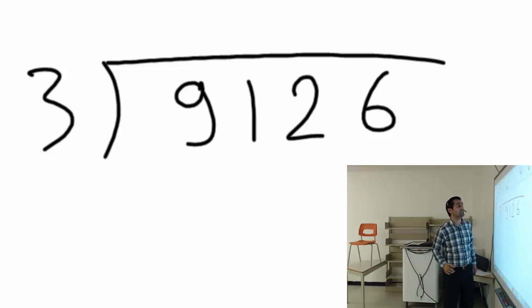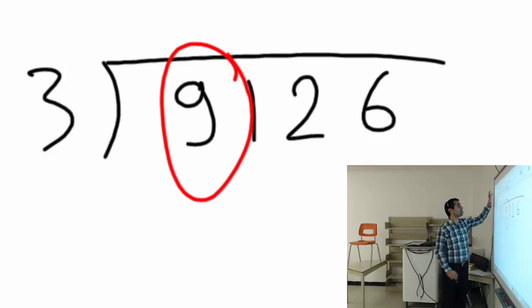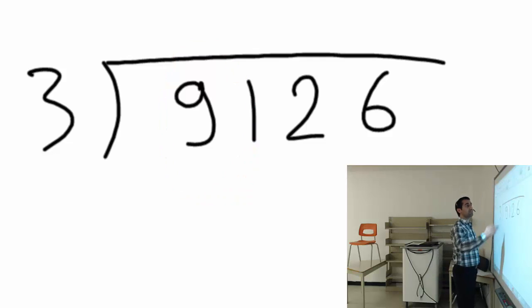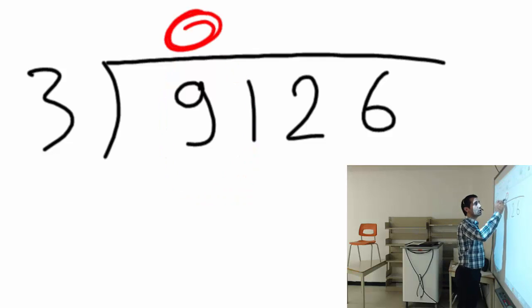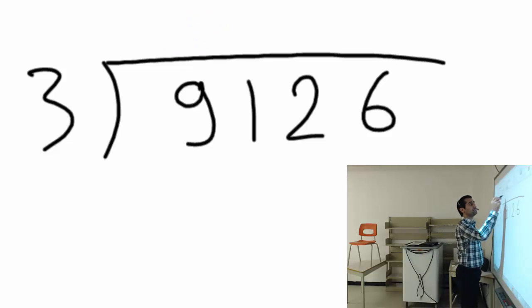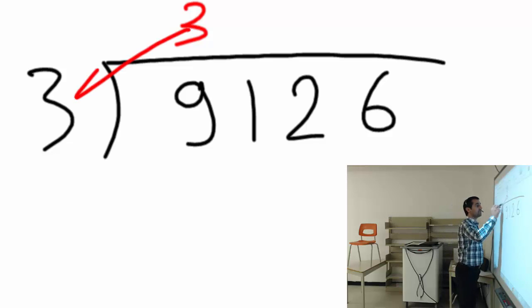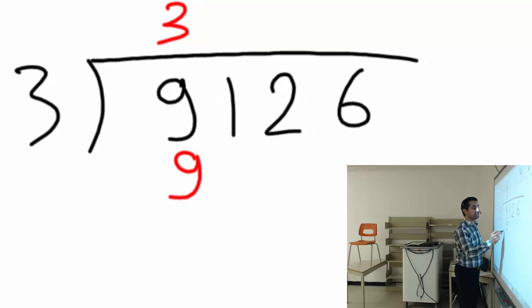Right now, I'm dealing with 9, so the number I write goes on top of the 9. 3 times 3 is 9. I'm going to write that down here.